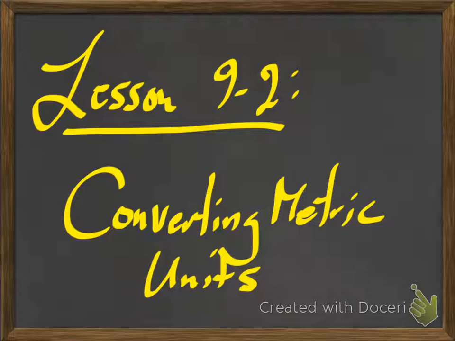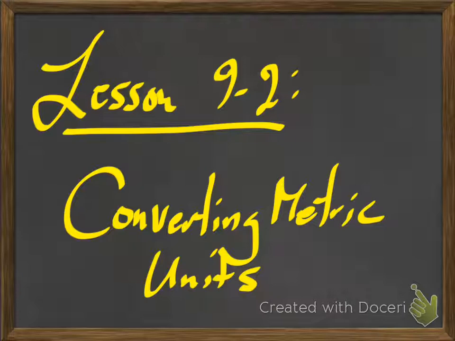So in 9.1 we talked about the basic units of the metric system, and we talked about the three different kinds of things I can measure. If I'm measuring the length of something, I'm going to measure it in some sort of meters. It could be millimeters or centimeters or meters or kilometers, depending on how big or long the thing is. The second unit that we talked about is for capacity.